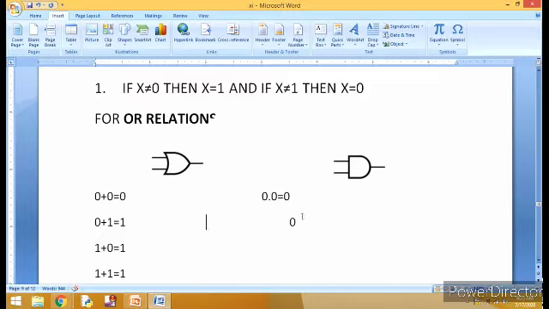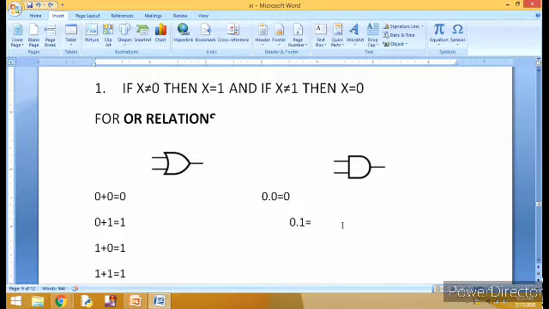So if one input is 0 and the other input is 1, what output will you get? No, sir, false. 0. Please recall the truth table which we covered in the last class. If either of the inputs is false, you will get the false value.